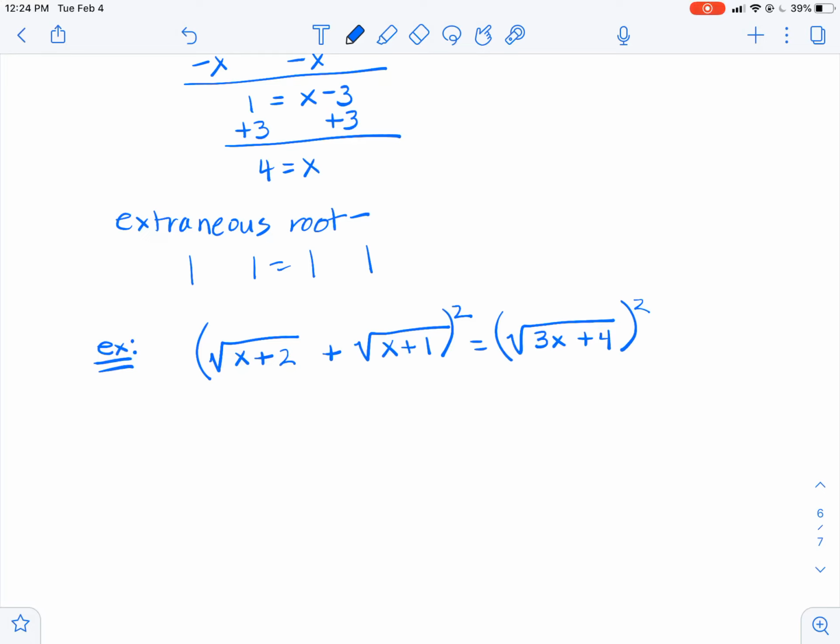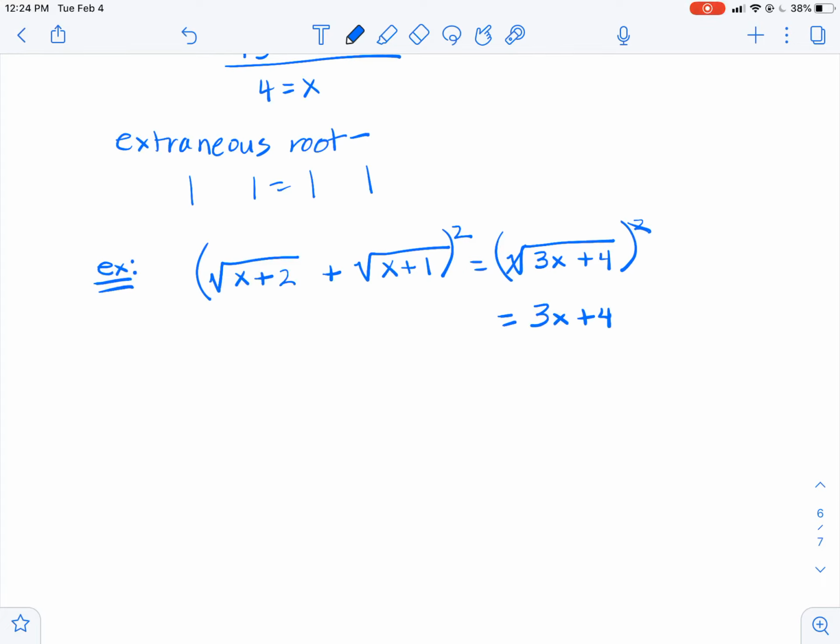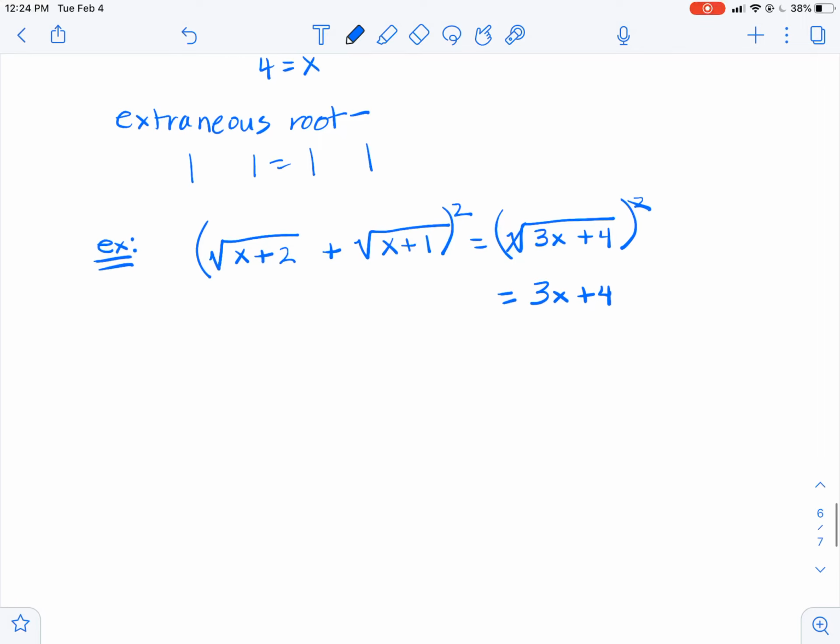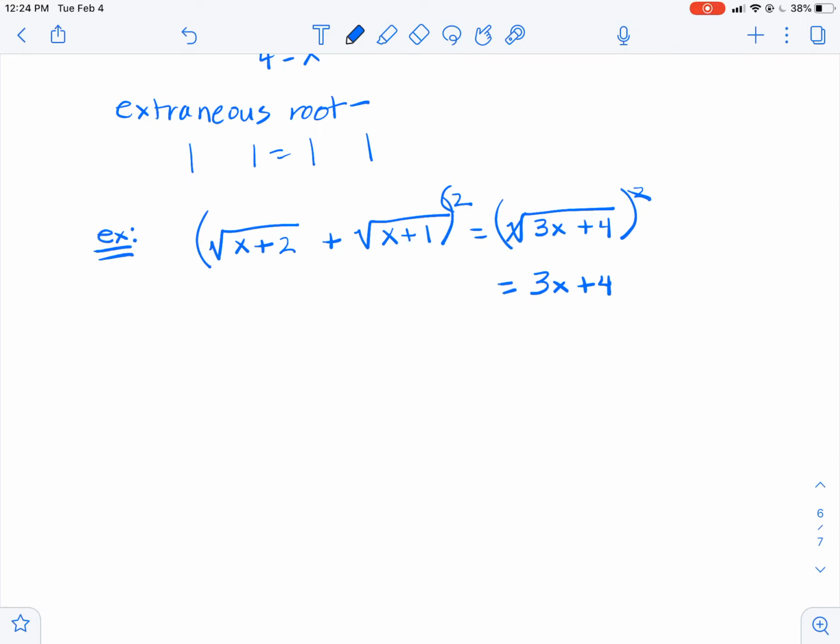Well, on the right, that's not a big deal. This square and square root are going to cancel. But on this side, we have to go back to the rule that if it is something squared, it is actually that times itself.